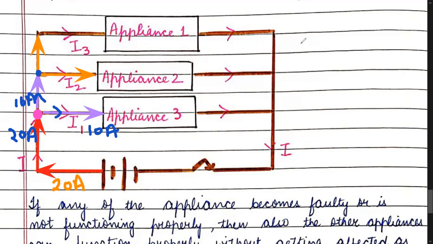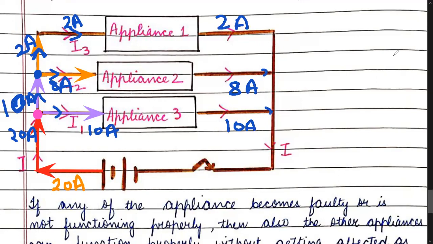This can happen that 8 ampere current is going through the second appliance such that only 2 ampere will go in appliance 1 because this was 10 ampere current. 10 ampere current gets divided into 8 and 2. So I3 is 2 ampere, I2 is 8 ampere and I1 was 10 ampere. Now all these currents when reaching the negative terminal of the battery will again become 20 ampere.